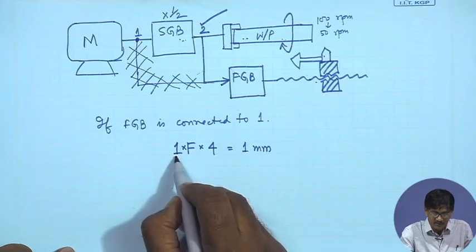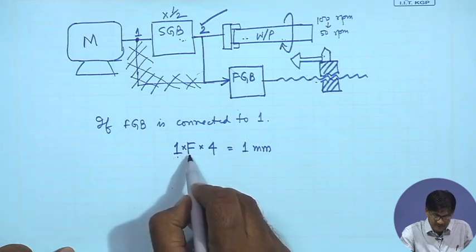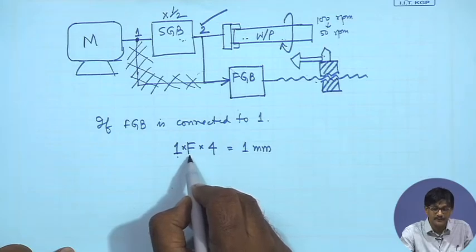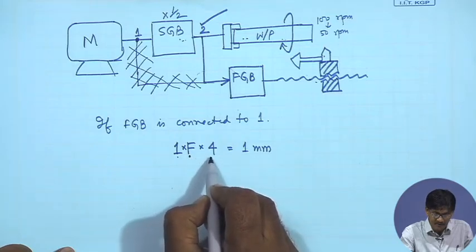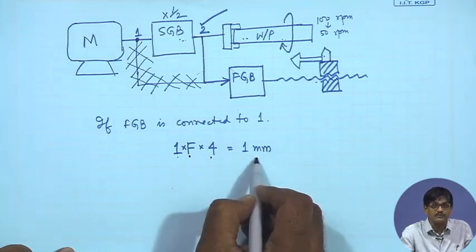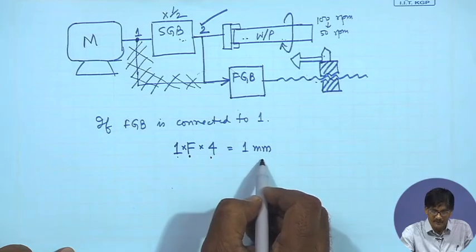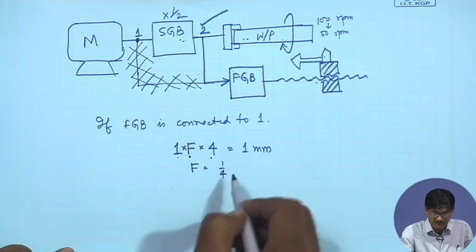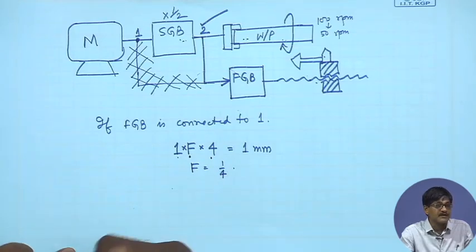The 1:1 ratio makes the shaft just before the feed gearbox rotate by 1 rotation, multiplied by F, which is the factor output by input RPM of the feed gearbox, and multiplied by 4, because 4 is the pitch of the nut thread. This must be equal to 1 millimeter, that is the requirement. So, F is nothing but 1/4.